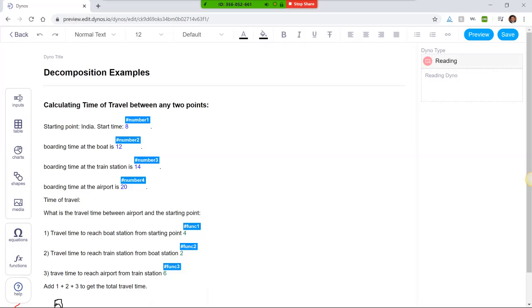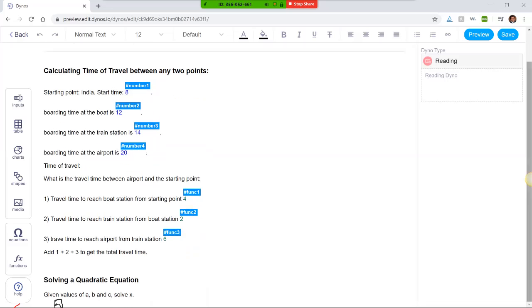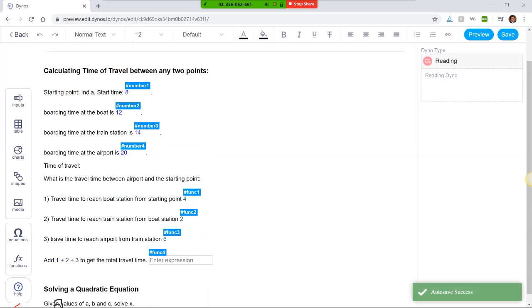Yep. So you have 3 functions here, right? Function 1, function 2, function 3. So we just need to add these 3, correct? Yes. So what would that function be? It would be function 1 plus function 2 plus function 3, correct?